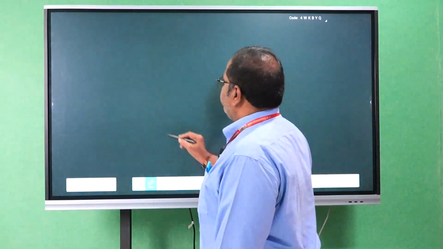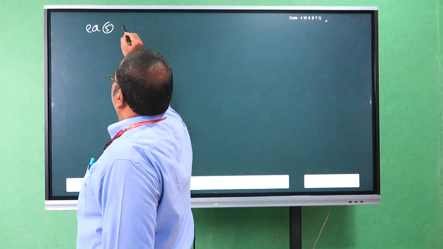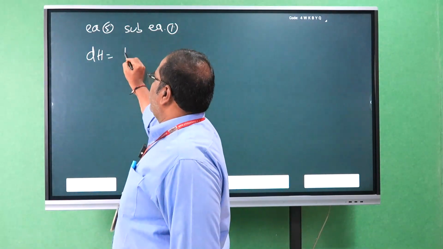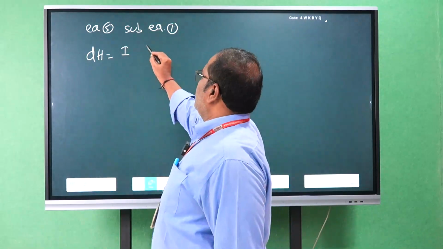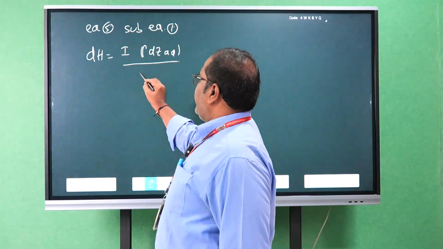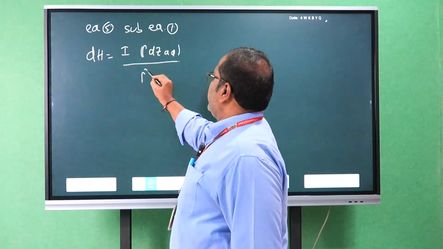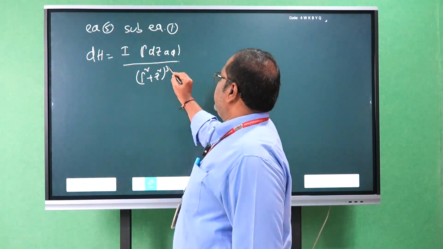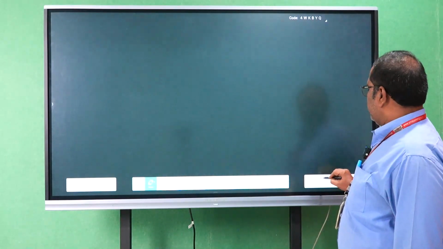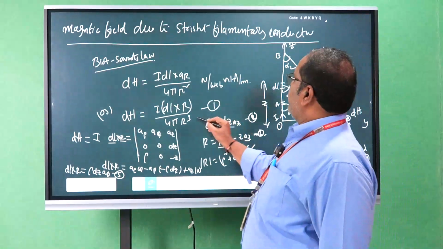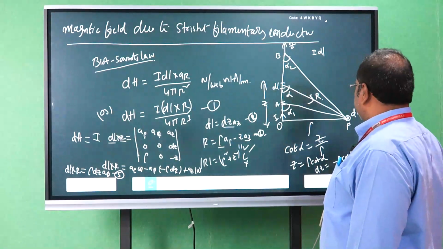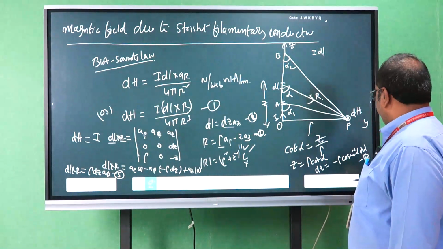Therefore, equation number 5, substitute into equation number 1. The differential element dH is equal to I dl cross R, which is rho dz a phi, by the denominator 4 pi rho square plus z square whole power 3 by 2.